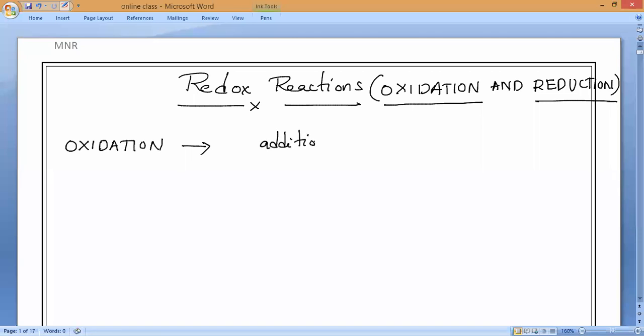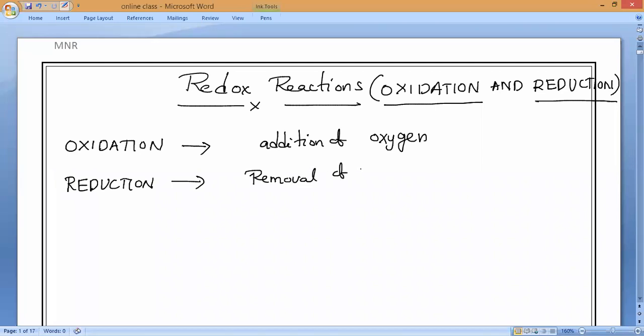Addition of oxygen is called oxidation. In the same way, reduction means removal of oxygen. What do you mean by oxidation, guys? Oxidation means addition of oxygen. Reduction means removal of oxygen.